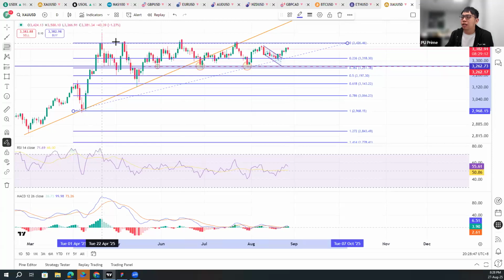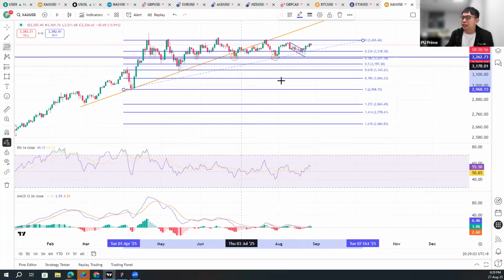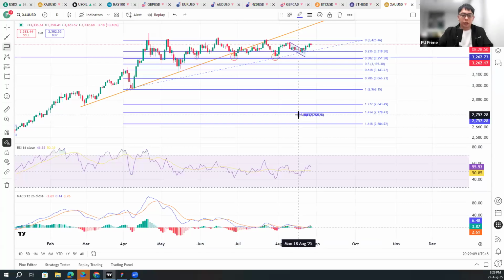You can tell here is a very strong resistance. It has capped gold since April, like 4 times already. Hopefully the 5th time it can break above and create another new all-time high. So this is some of the examples, and maybe you guys can also have a look at BTC.